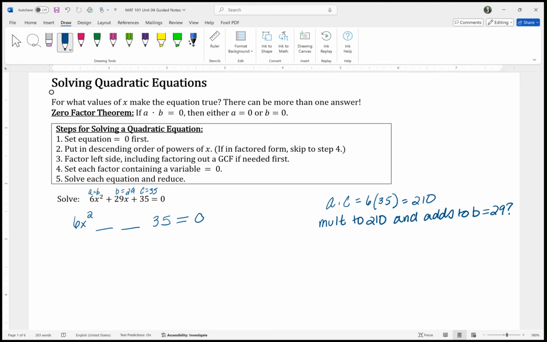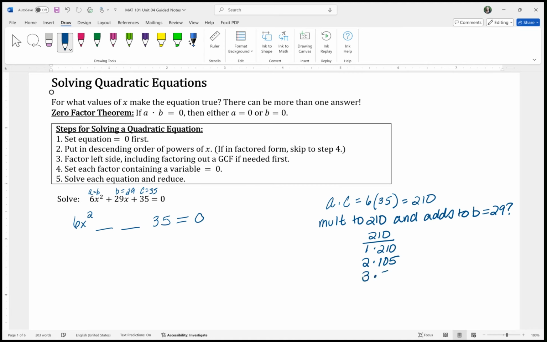So first, I would list all the factors of 210. I don't think 1 and 210 are going to work, but again, I'm very methodical about this, so we can go ahead and write that. We're going to start out with 1. 210 divided by 1 is 210. Go to 2. 210 divided by 2 is 105. Check out 3. 210 divided by 3.